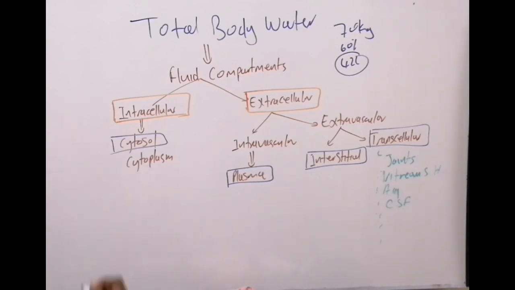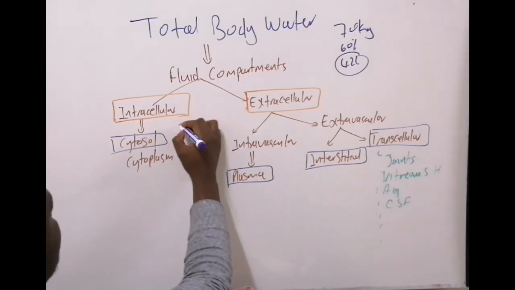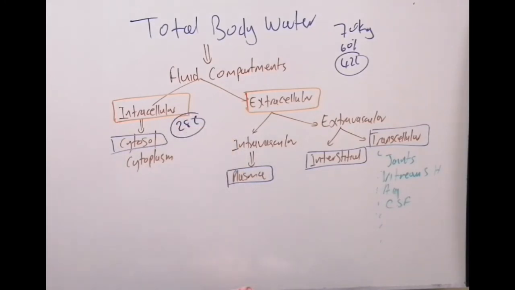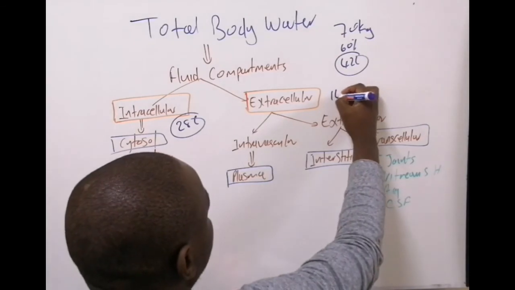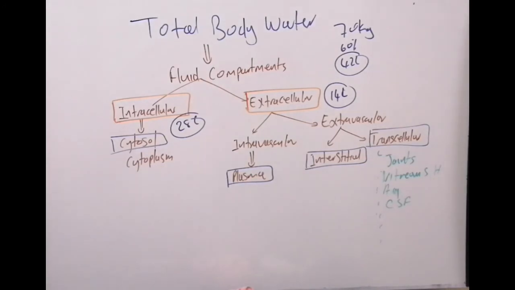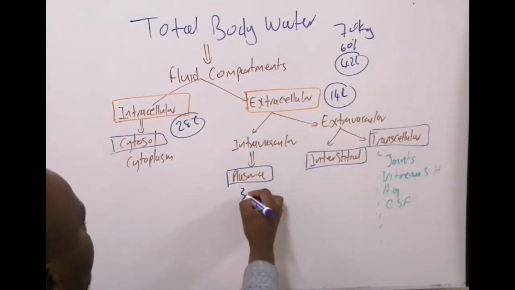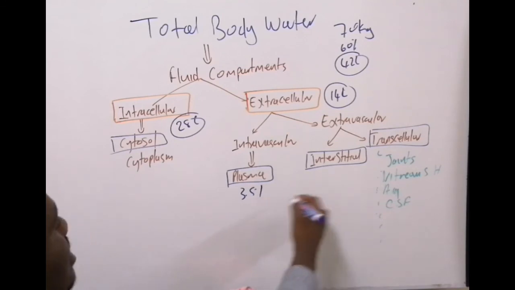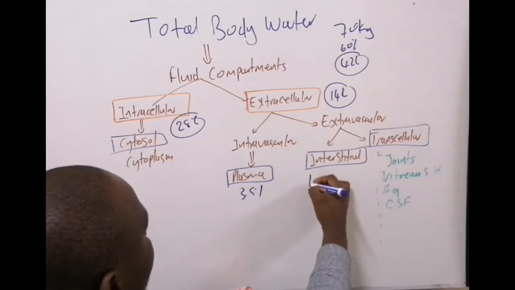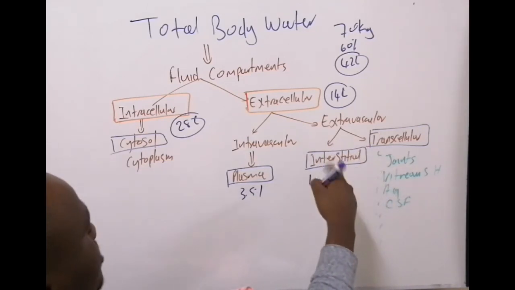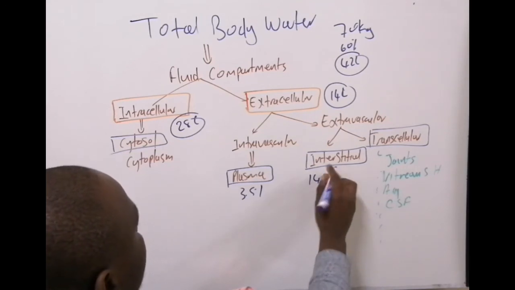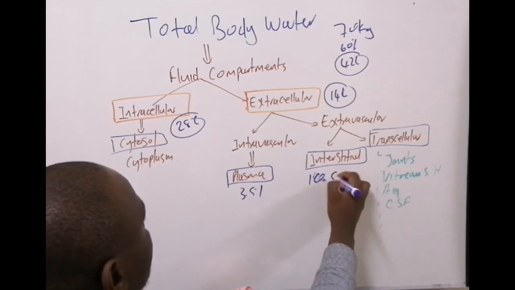Now, intracellular has about 28 liters of that. And then extracellular is about 14 liters. Right? And plasma is about 3.5 liters. And the extravascular is about 10.5 liters.